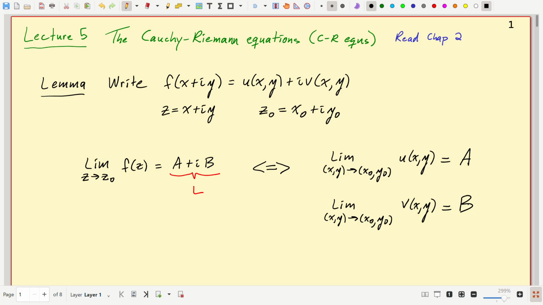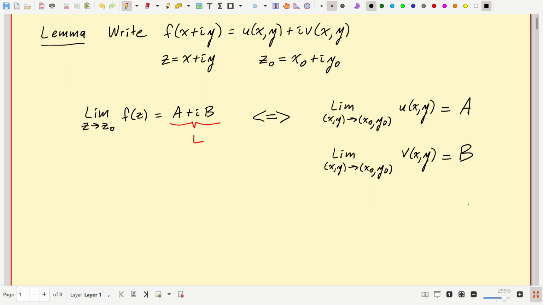That's a very simple thing to understand. I'll draw a picture so you understand it. Let's put a plus bi over here, and let's put f of z over here.